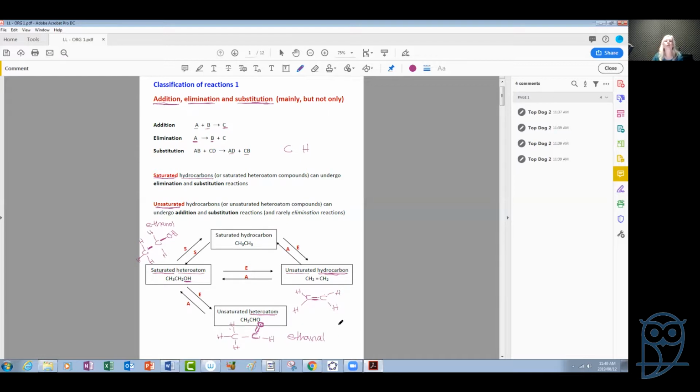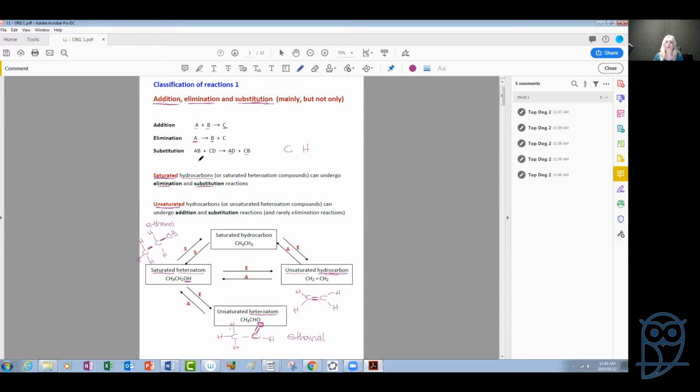So, all right. Why do we make a fuss now about saturated and unsaturated? Because depending on whether it is saturated or unsaturated, there are different chemical reactions that can involve these compounds. For example, the saturated hydrocarbons and saturated heteroatom compounds can undergo elimination and substitution reactions, but not addition reactions.